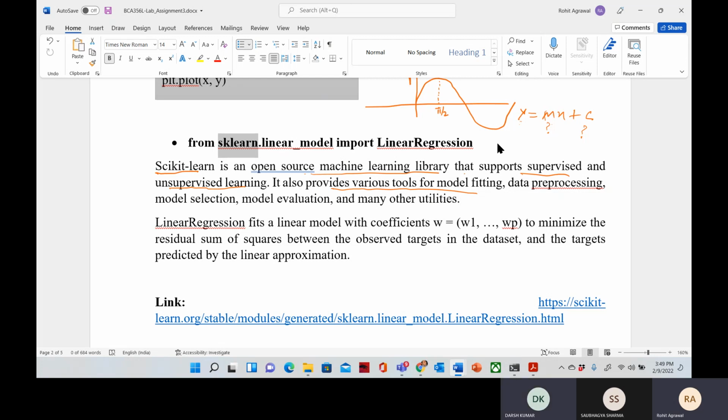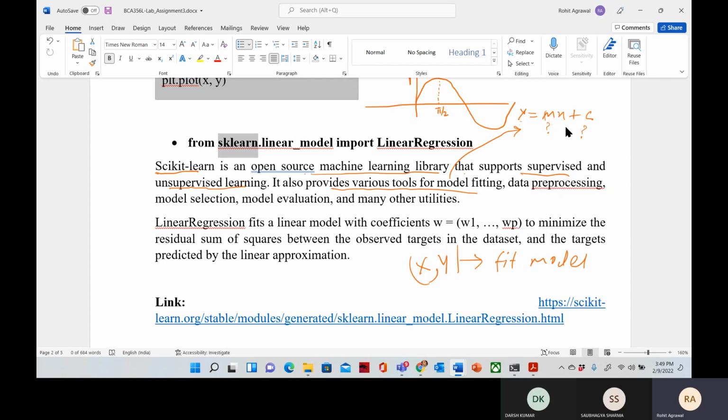Yes, sir. So we are talking about model fitting. We have our data points x and y, and using that x and y we will fit our model. Fitting the model is just obtaining these parameters, but the inbuilt library will do it automatically, so we are not able to see the mathematics behind it.